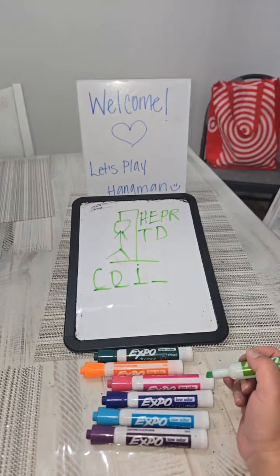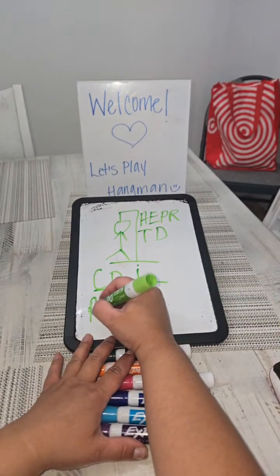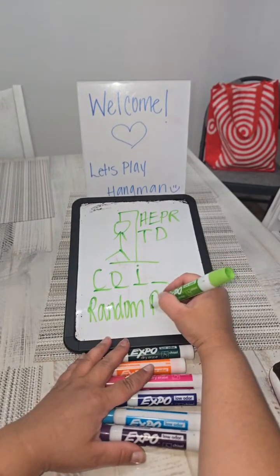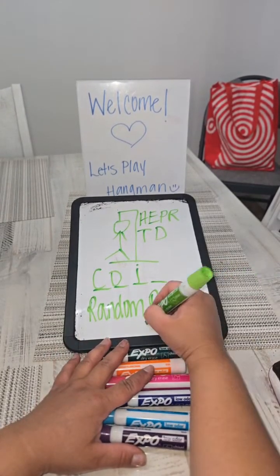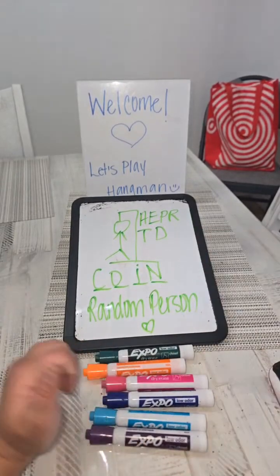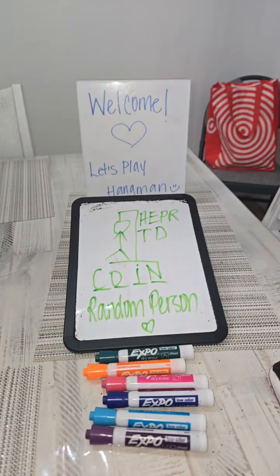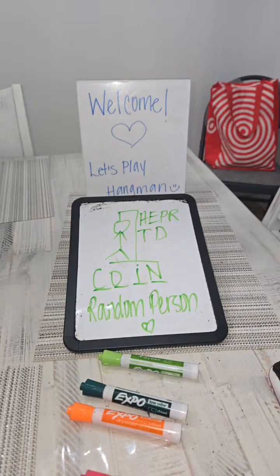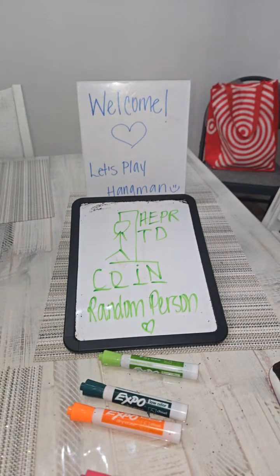Nobody has, oh, there we go. Random person came through and said coin. Coin is correct. I don't know who this random person is. That's the name of their channel or whatever. And that was correct. Coin is the right answer.